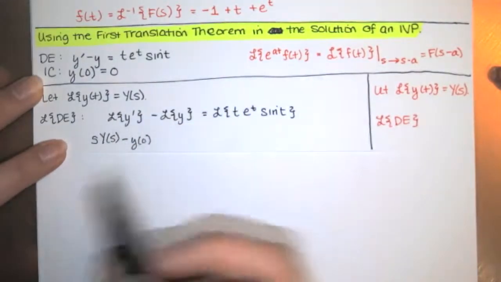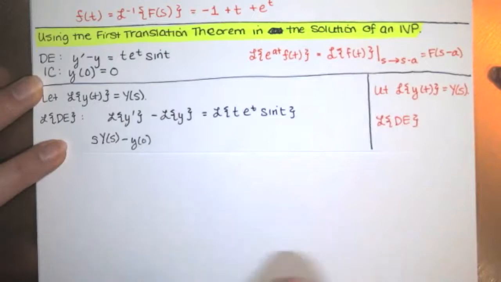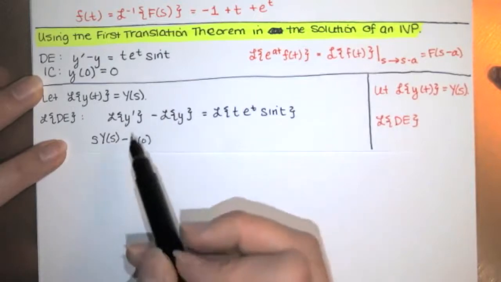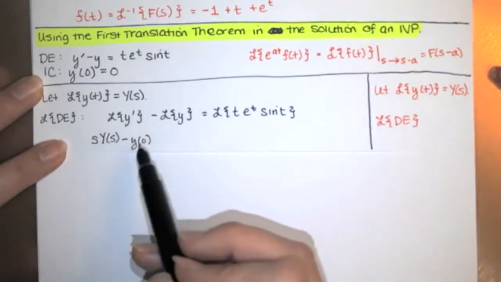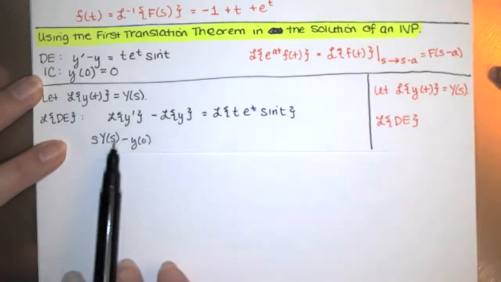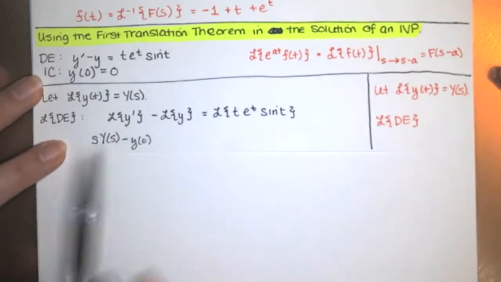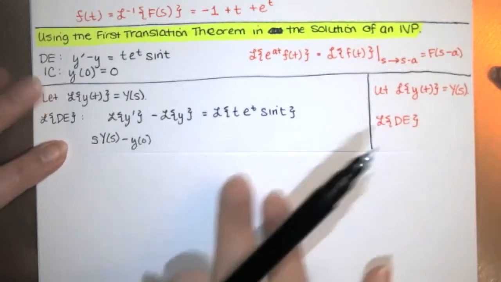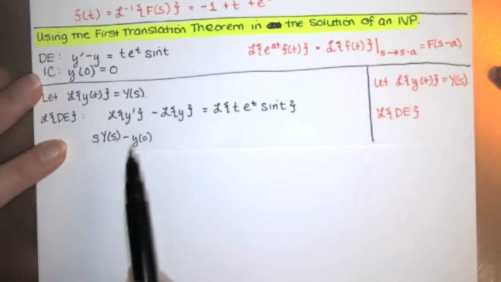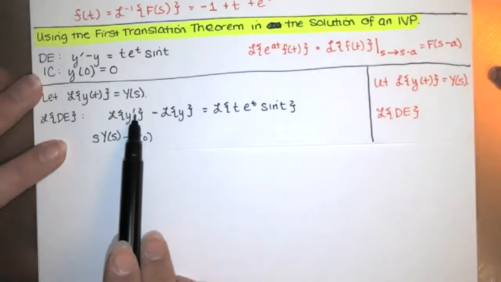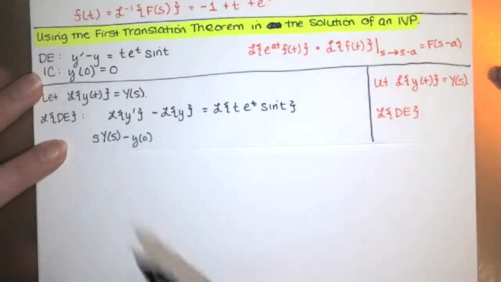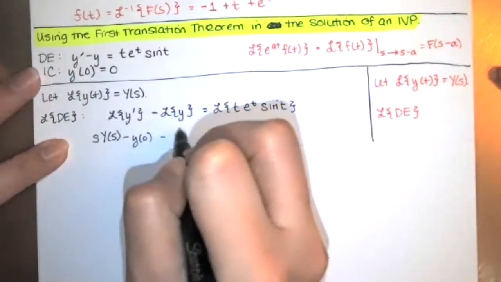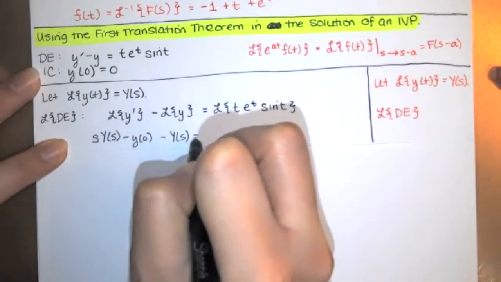So that's just the pattern for the Laplace transform of the nth derivative where n equals 1. We always have n plus 1 terms here. So if you're not sure if you've done this correctly, you can always count the number of terms. That usually helps serve as a check to make sure that you're doing this correctly. Since n is 1, I should have 2 terms, and I do have 2 terms. Then we subtract the Laplace transform of little y, which is big Y by definition.